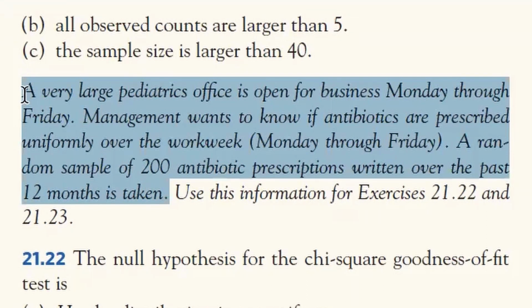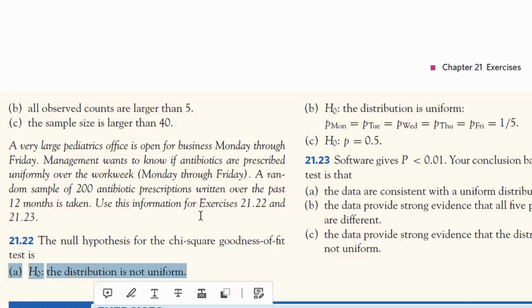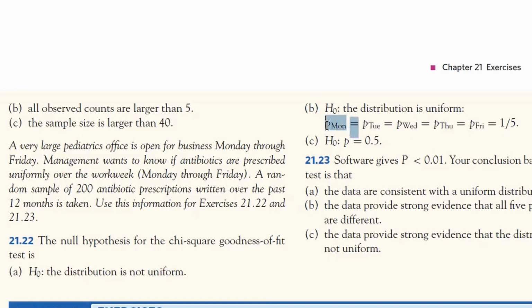A random sample of 20 antibiotic prescriptions written over the past 12 months. The null hypothesis for the chi-squared goodness of fit test is A, the distribution is not uniform. B, the distribution is uniform, which is that the probability of a prescription written on Monday is equal to the probability of Tuesday, probability of Wednesday, probability of Thursday, probability of Friday, or 1 out of 5.